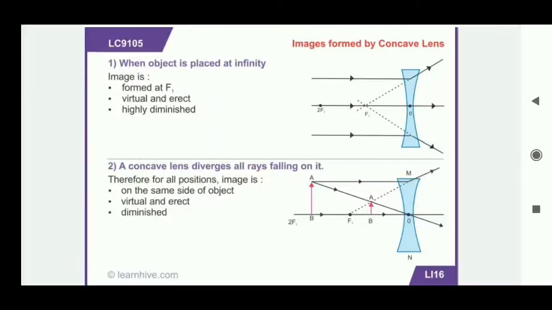It never even gets the same size image, and it can only form diminished, virtual, erect images. There are no different cases, only one case: always an erect, virtual, diminished image on the front side of the lens. In a convex mirror it is always virtual, erect, diminished. These properties are the same, but there the image forms behind the mirror, and here we get it on the front side of the lens. That is the difference.